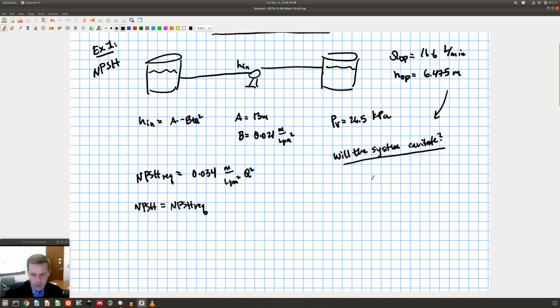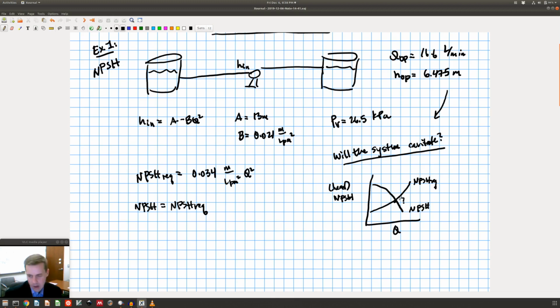So if I think about this, if I have NPSH, which is a head, as a function of Q, I need to find where, if I have NPSH going like this, and I have NPSH required going like this, I need to find where that point is. And then I need to see where the operating point is.